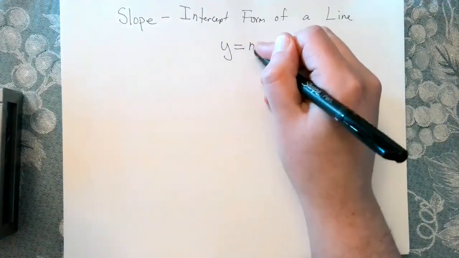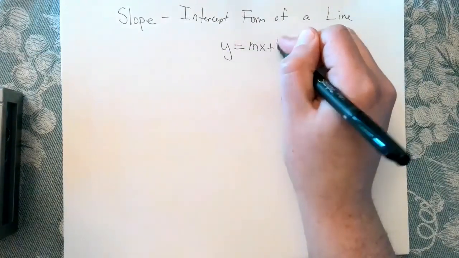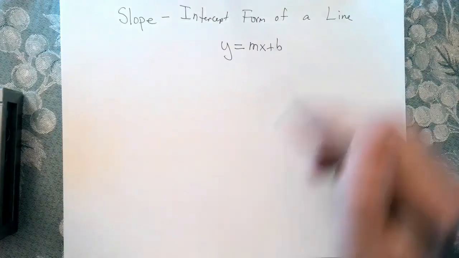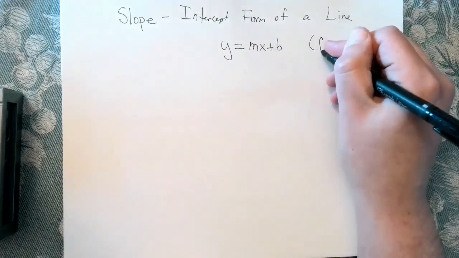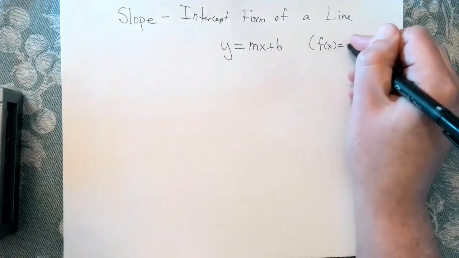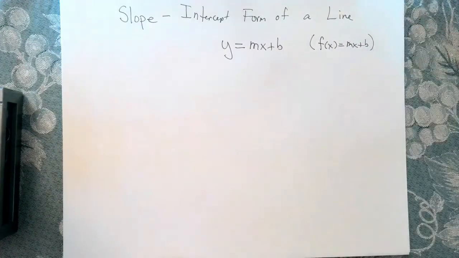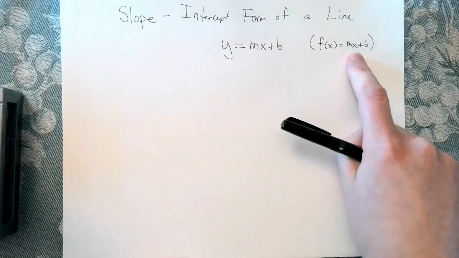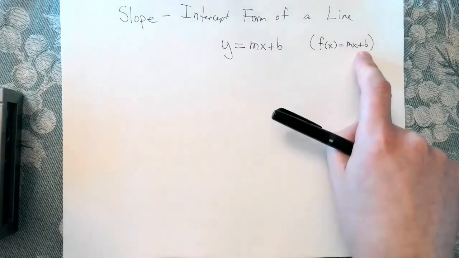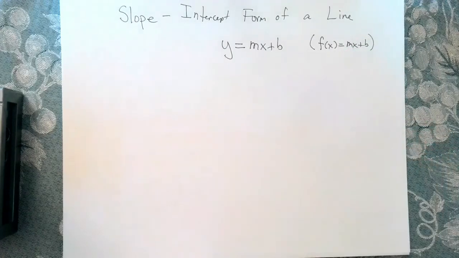This is y is equal to mx plus b. Or in function notation, we could say that f of x is equal to mx plus b. Right? You drop in an x, you apply the rule, and out comes this.